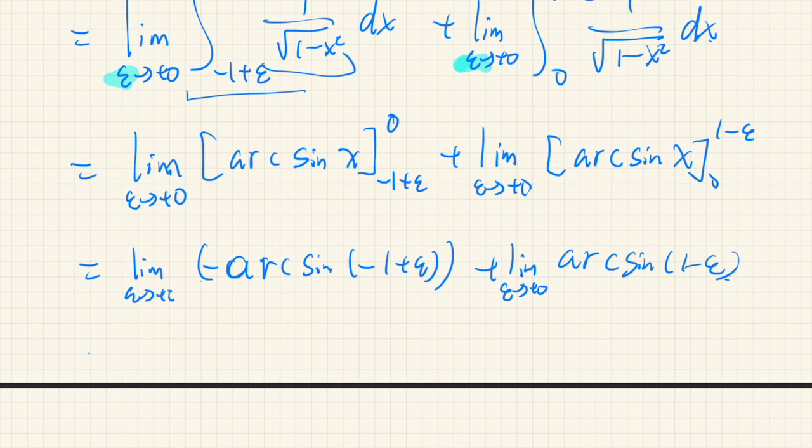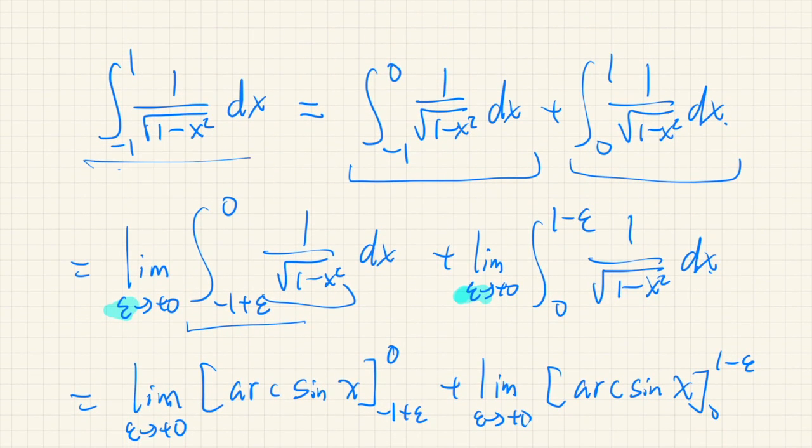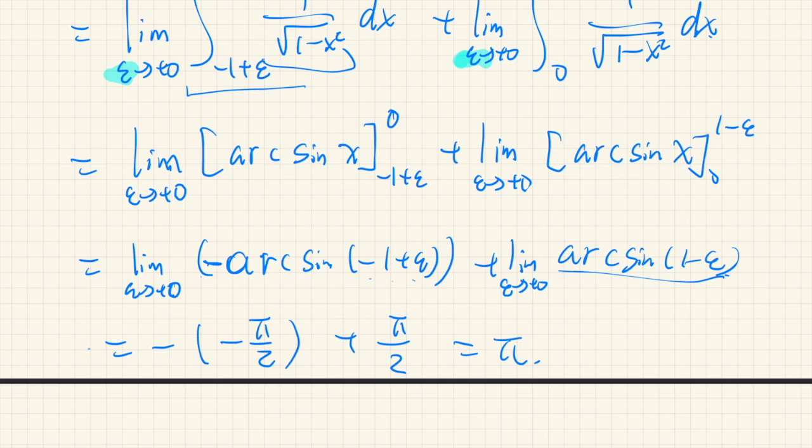Now, as epsilon goes to 0, we have arc sine of negative 1, and with the negative sign, that is negative negative pi half. And this converges to arc sine 1, which is positive pi half. So as a result, we have pi. So the value of this improper integral is pi.